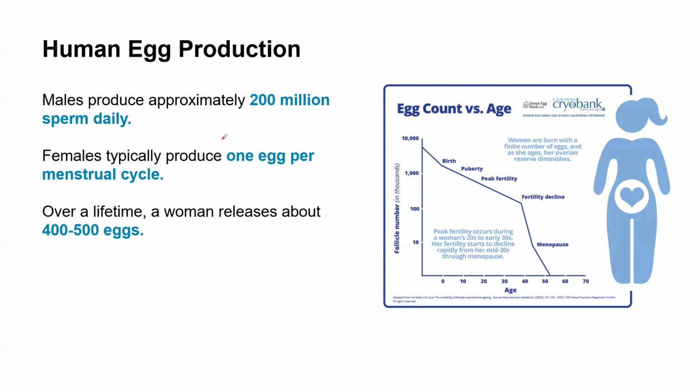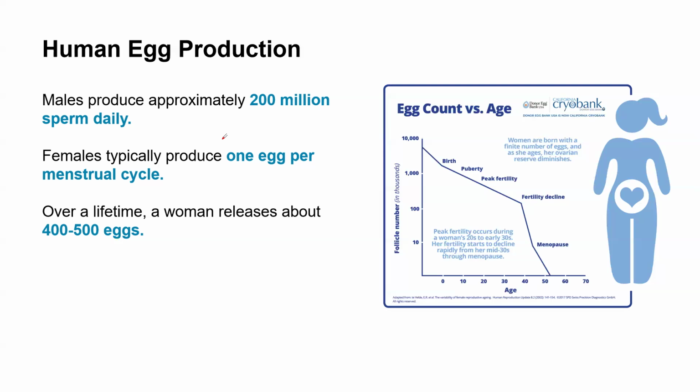So that is why, let's say a lady can only release 400 eggs during her lifetime. So now you count: when a girl reaches maturity, by the time she starts her period, she will start releasing eggs. Let's say in a month you only have one menstrual cycle.